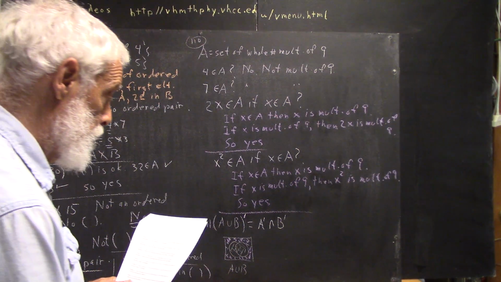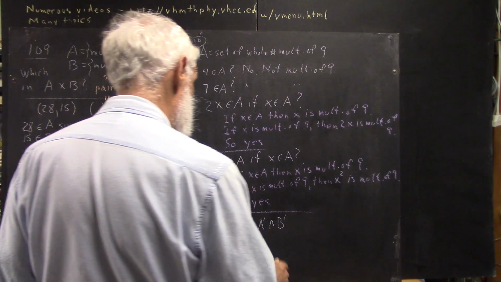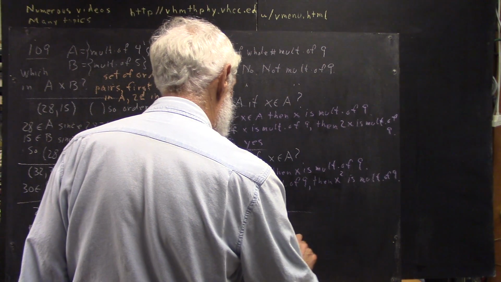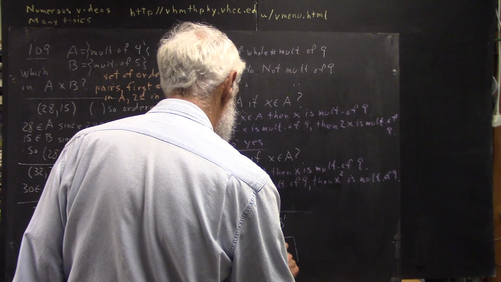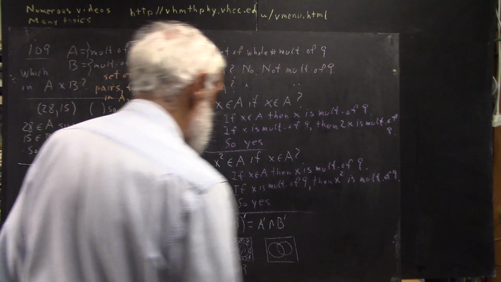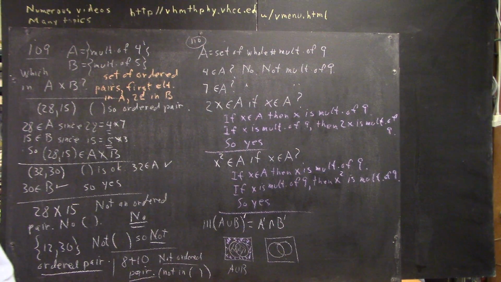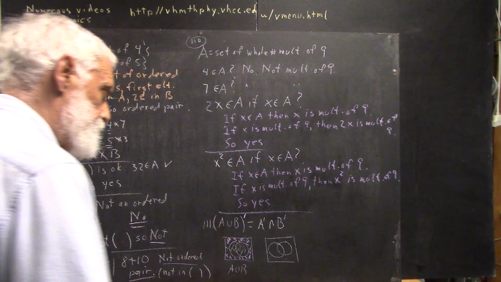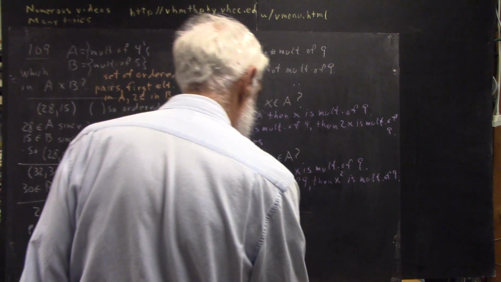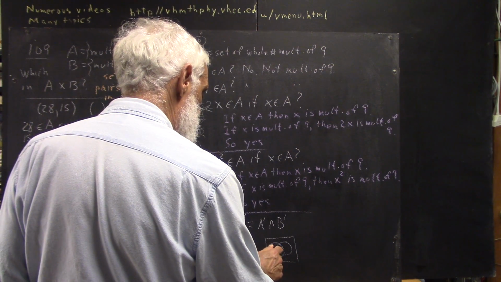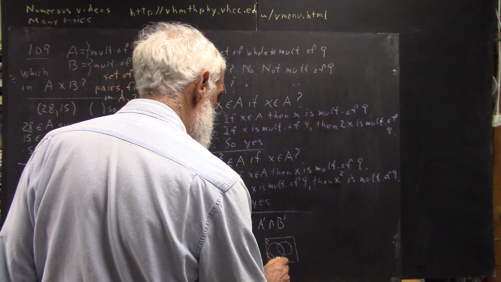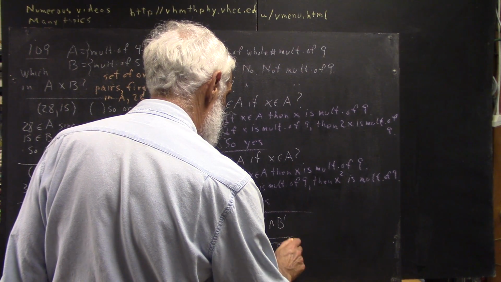Okay? Now what about A prime intersection B prime? I'm not going to label these, but I'll use A on the left and B on the right. Okay? Well, I'm going to use a couple of other colors here, and let's use colors of contrast. I'm going to use this bright orange to indicate the set A prime.